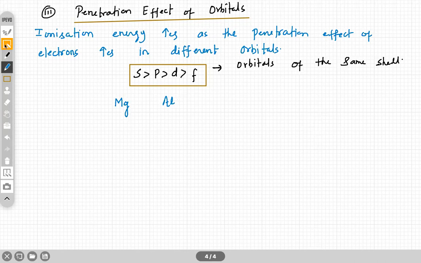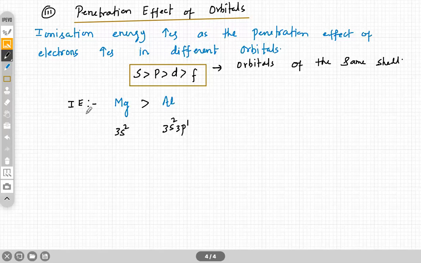The outermost electronic configuration of magnesium is 3s2, but that of aluminium is 3s2 3p1. So s orbital has more penetration effect than p, then the ionization energy of magnesium is more than that of aluminium. This is the factor we have.